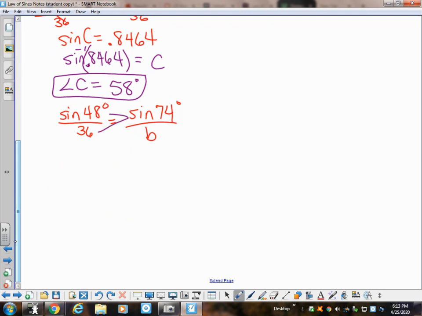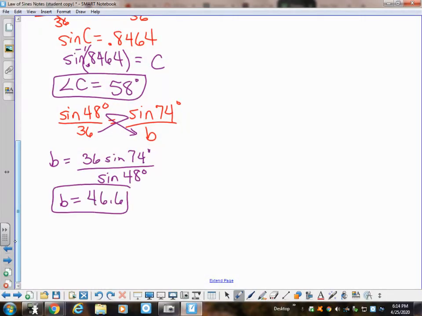Okay, cross multiply. So in your calculator, 36 times sine of 74 degrees divided by sine of 48 degrees, and little b ends up being 46.6.